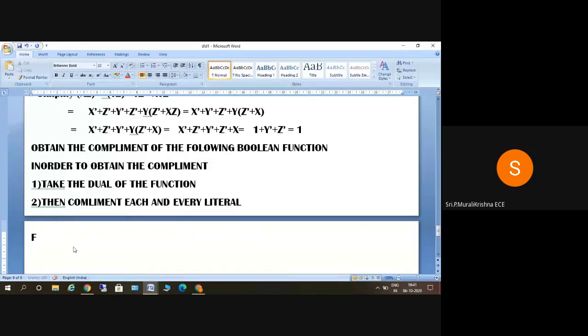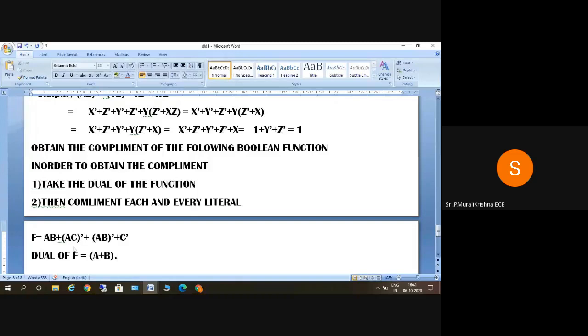So the function is like this. F is equal to AB plus AC whole bar plus AB whole bar plus C bar. First find the dual of the function. Dual of F is equal to, the plus is converted into dot here.